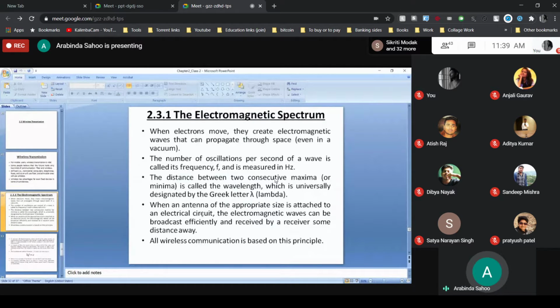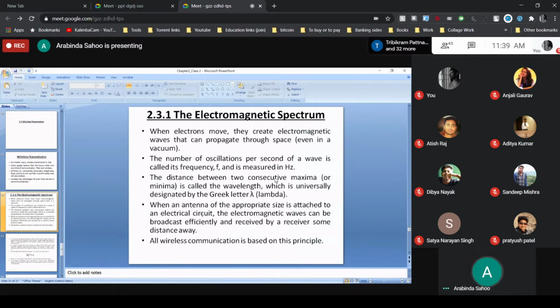Whenever in any antenna you circulate electrons, or give any electric supply, due to this movement of electrons it creates an electromagnetic wave, and this electromagnetic wave is able to propagate in space, or even in vacuum.